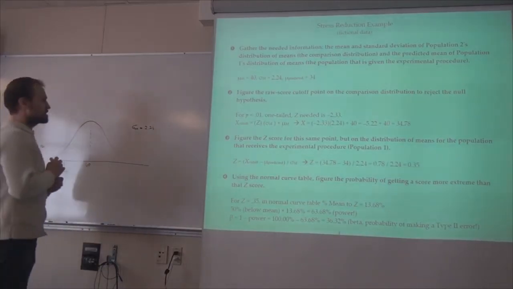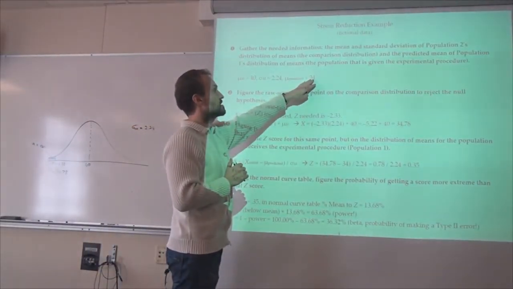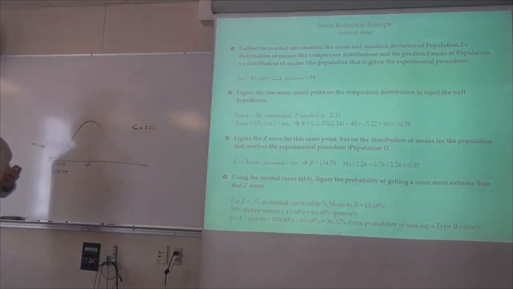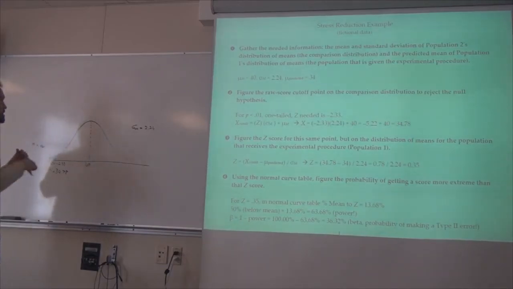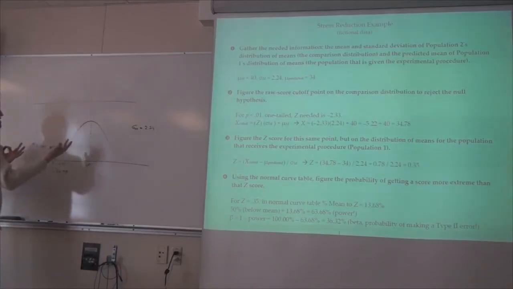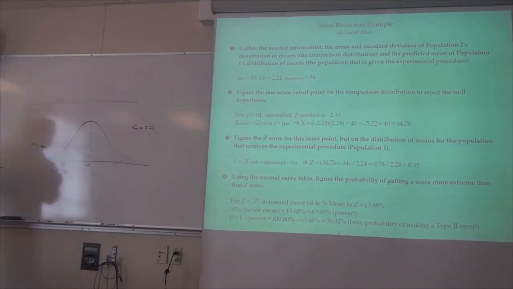So now I'm going to use my sample mean as the predicted mean of the shifted population if the research hypothesis is true and there has been a decrease. Then the distribution is shifted to a lower mean, shifted to the left. 34 is going to sit, 34?